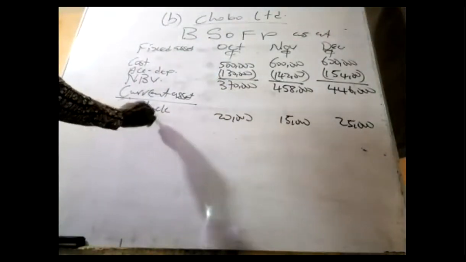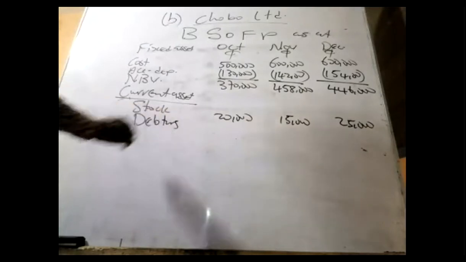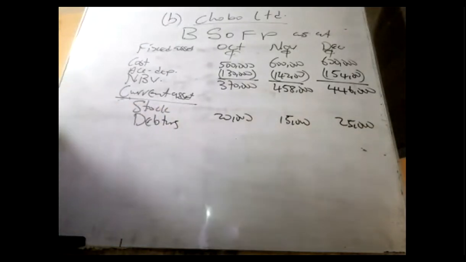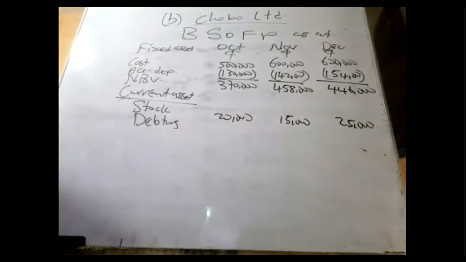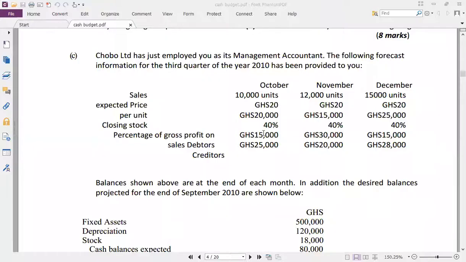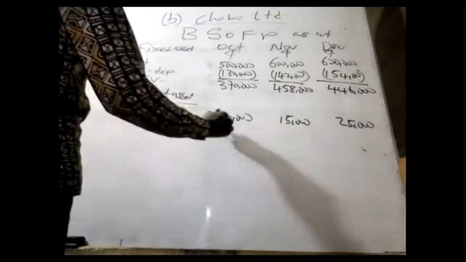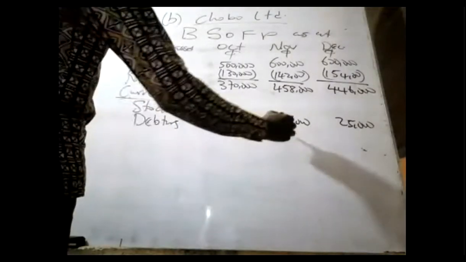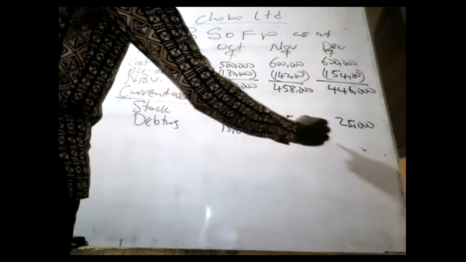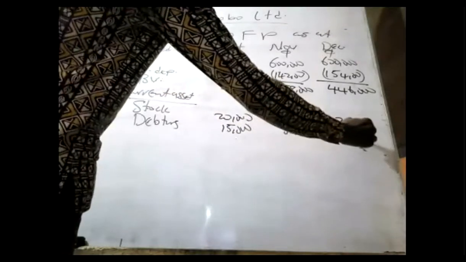Then debtors. What are the debtors figures, the closing balances for debtors? Debtors will be 15, 30, 15.